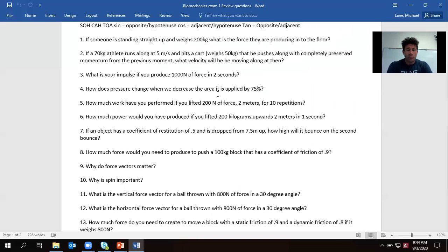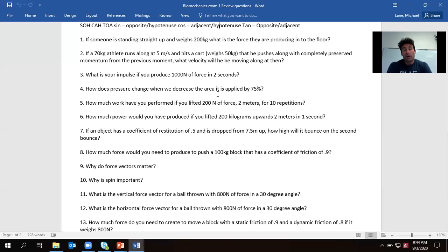Okay, so remember, coefficient of restitution is effectively how much it's going to bounce off the ground from its initial bounce. So after one bounce, it's only going to come up half of that 7.5 meters. So that means it's going to bounce 3.75. Now, from that 3.75 meters, it's only going to bounce up half of that.